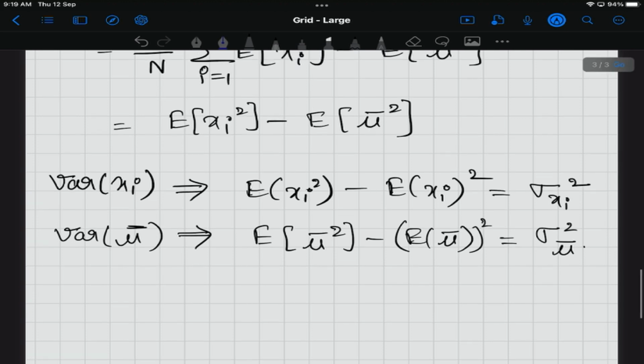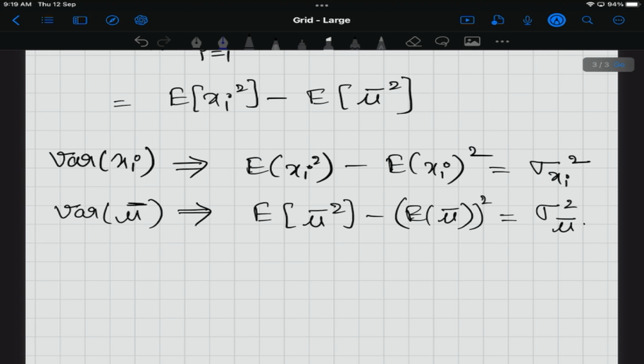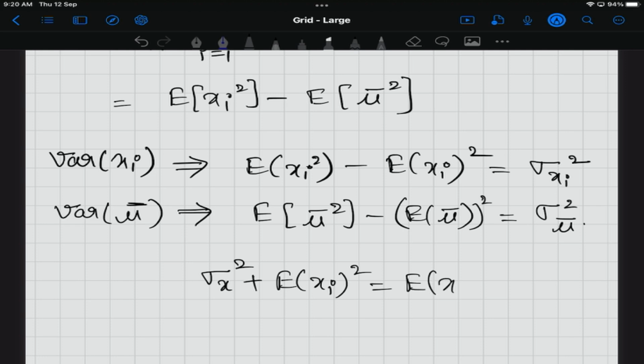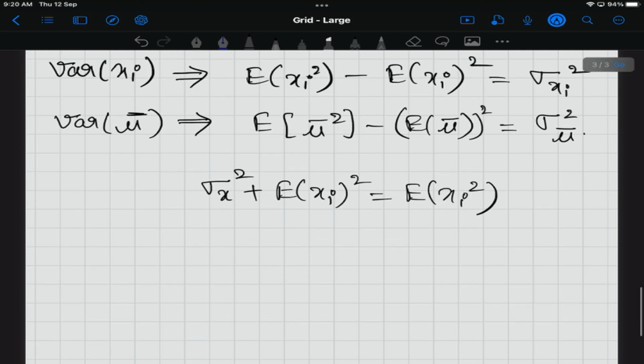Okay. So let's substitute these here, where the variance of xi plus expectation of xi whole square is equal to expectation of xi square, and likewise for mu hat square.